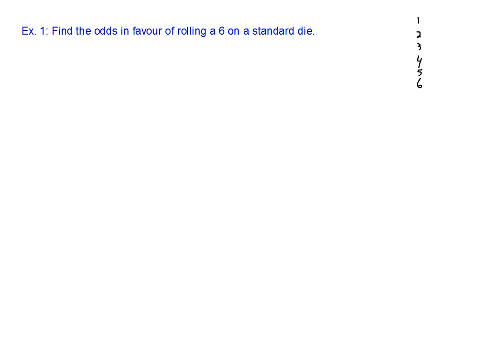So the odds in favor of a 6 are just equal to the probability of getting a 6, I'll just put that in here so we remember what that is, divided by the probability of not rolling a 6.